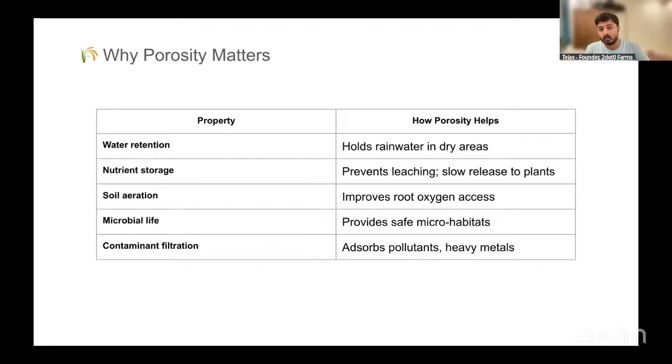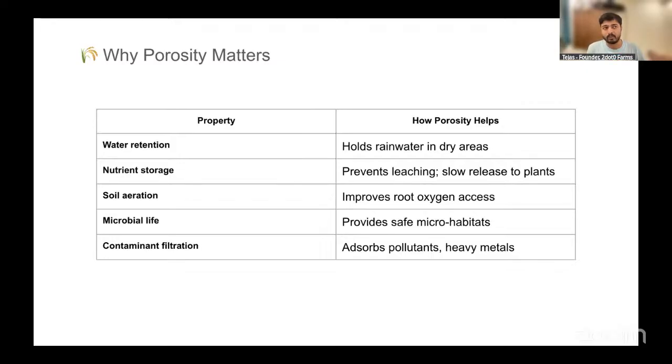Porosity can determine a lot of properties: water retention, nutrient storage, aeration within the soil, and microbial life. We need the right size of house for it. We can't stay in a very small house or a very big house. So, contaminant filtration. Water retention holds on to rainwater in dry areas. Nutrient storage prevents leaching.